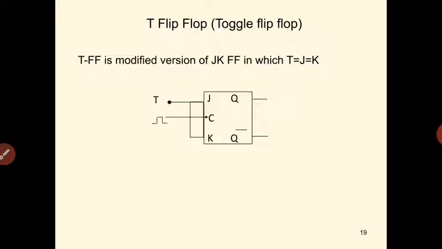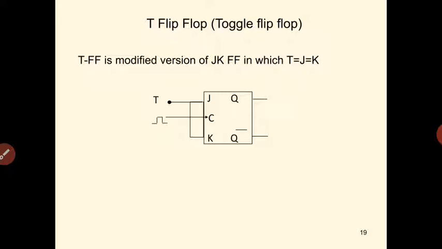So for the realization of T flip flop with the help of JK flip flop, you have to short the two input terminals of JK flip flop, that is J and K. Both J and K inputs are shorted together and applied as one input, which you are calling the T input, the toggle input.